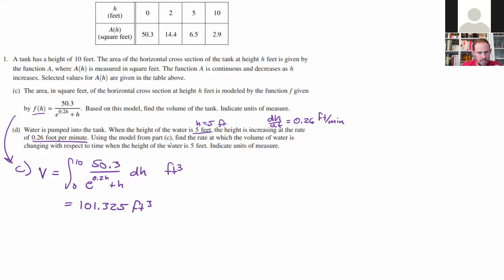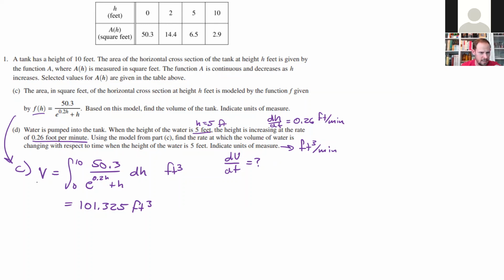Using the model from part C, find the rate at which the volume of water is changing, that's dV/dt, the rate at which the volume is changing with respect to time, when the height is 5, indicate units of measure. Well, we can say units of measure right now if we wanted to. So everything was in feet, the volume is changing, so that's going to be cubic feet, and our time that was given is per minute. So that's going to be our units right there.